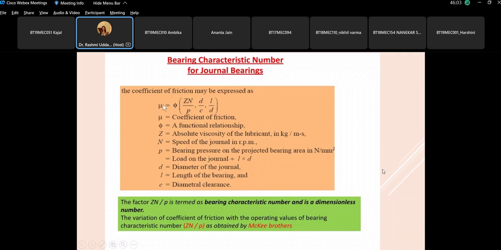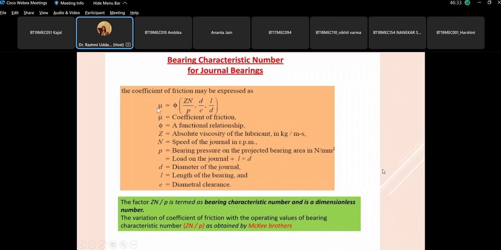So the coefficient of friction would be a function of this bearing characteristic number ZN by P. This will depend upon the diametral clearance, D by C. This will depend upon the L by D ratio, where L is the length of the bearing and D is the diameter of the journal. This is also known as the bearing number or the bearing characteristic number.